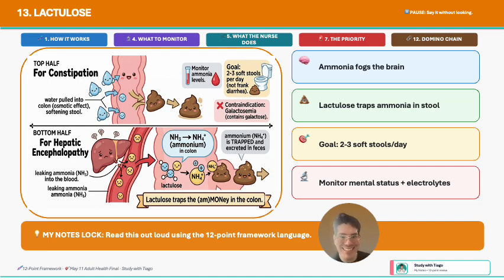This is not just a laxative, this is a treatment for ammonia-related confusion. The evaluation question: is the patient more alert, more oriented, and stooling at the ordered goal without dehydration? So think of lactulose as having a purpose: poop out the ammonia, but do not dehydrate the patient.